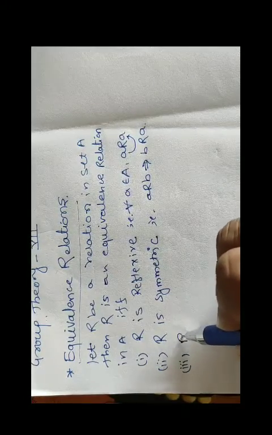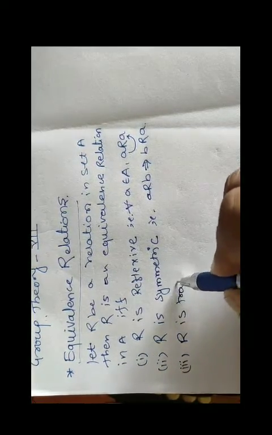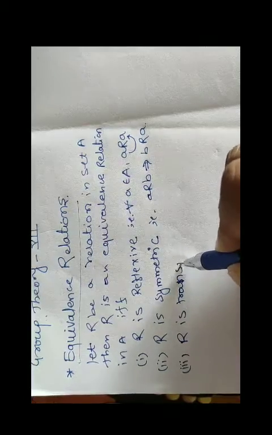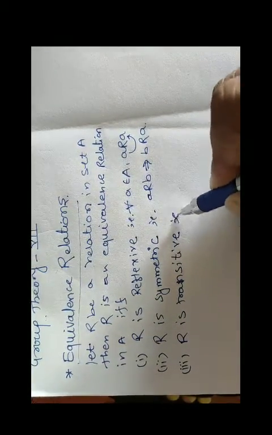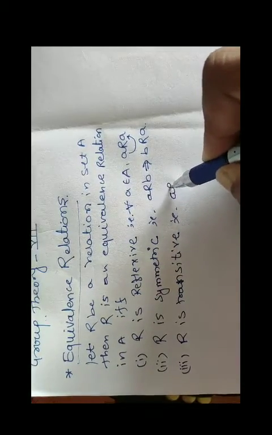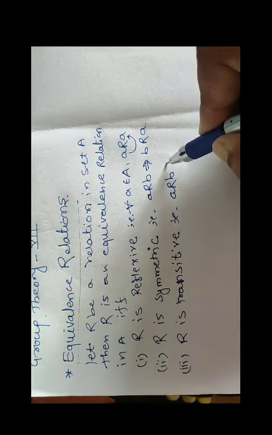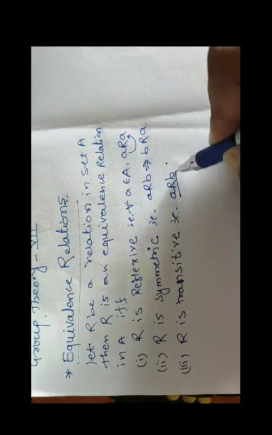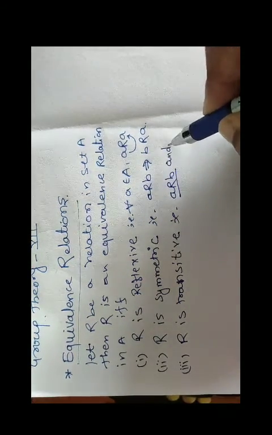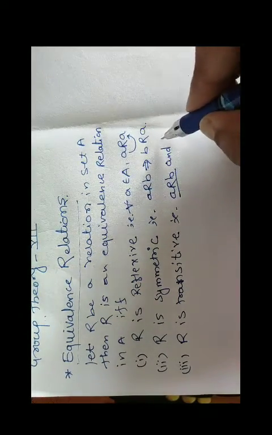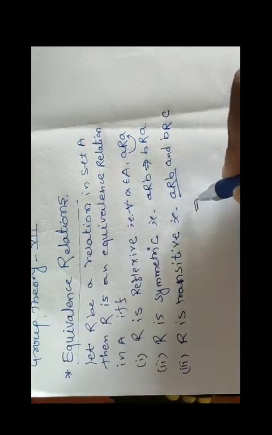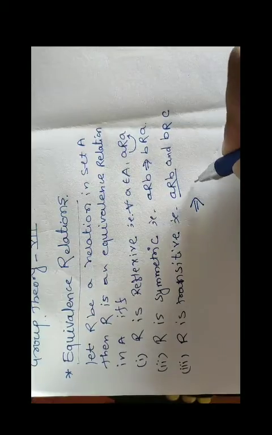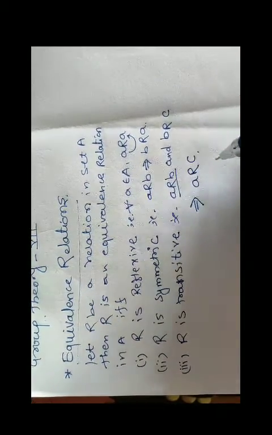Third, R is transitive. That is, if aRb, meaning a is related to b, and b is related to c, it implies that a is related to c.